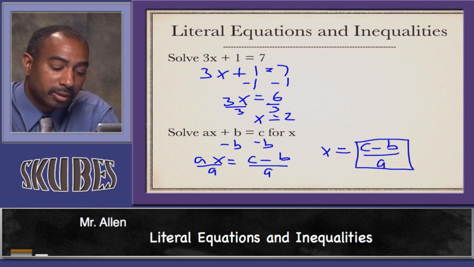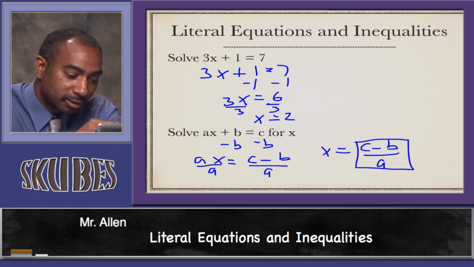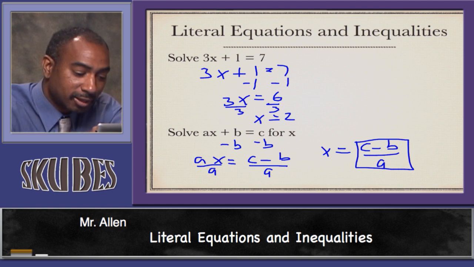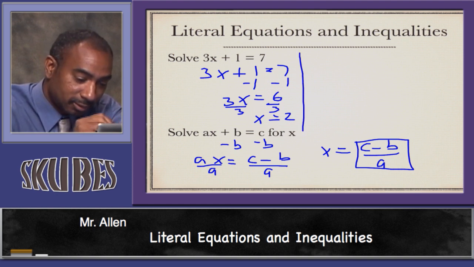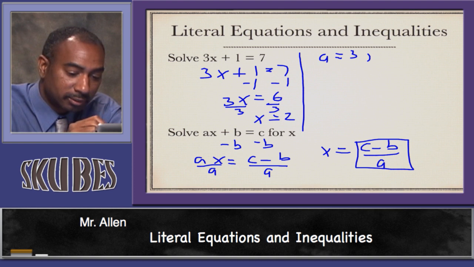This is a general equation, and it has the same format as this one. So another way I could solve this, I could say, okay, a equals 3. And I could say that b is 1. And I could say c is 7.